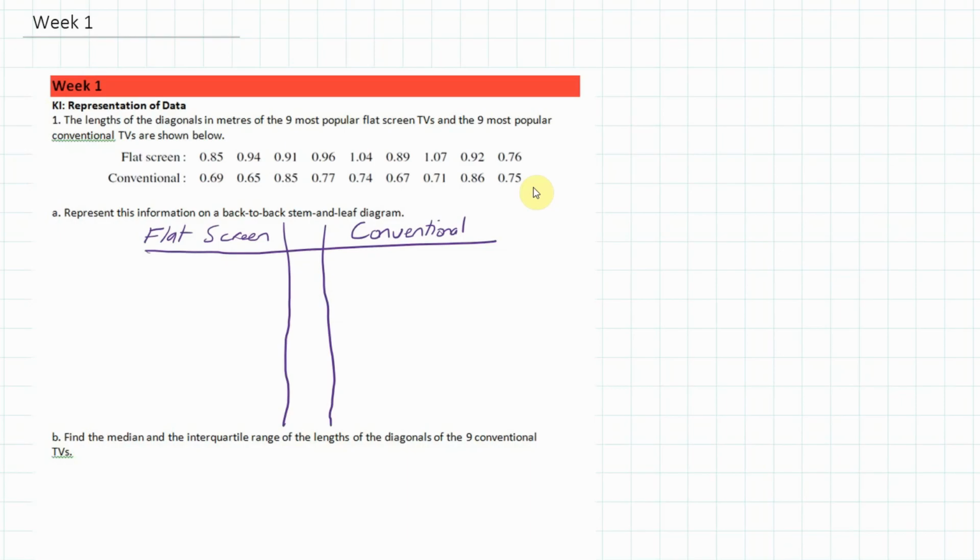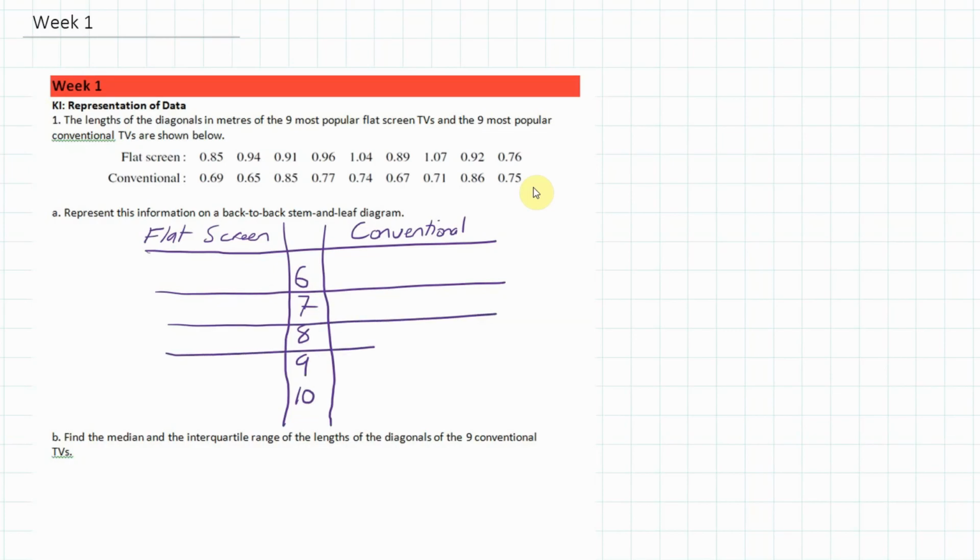So we have a 6, and then we go 7, 8, 9, 10, and then I guess we'll just do some lines this way. Obviously you're going to have a ruler, which will make it a bit easier. Beautiful. Now one of the things that you always need to do is to have a key, so we won't forget about that. We'll do that at the end.